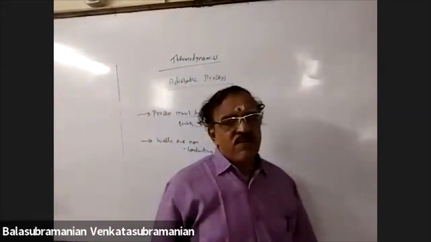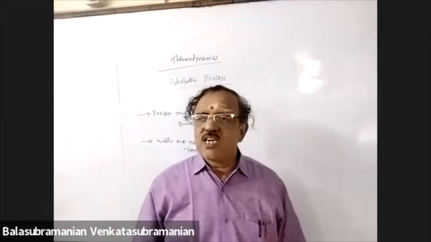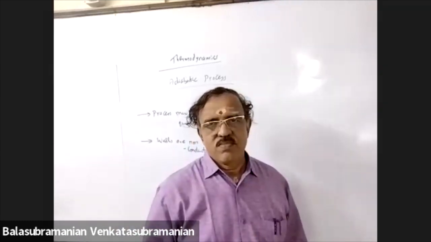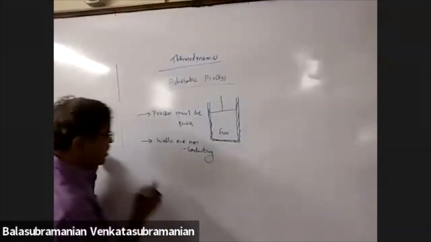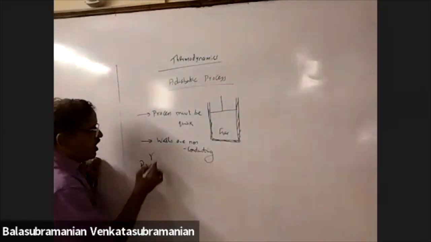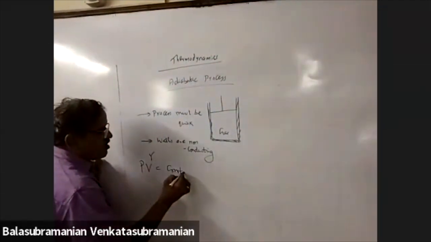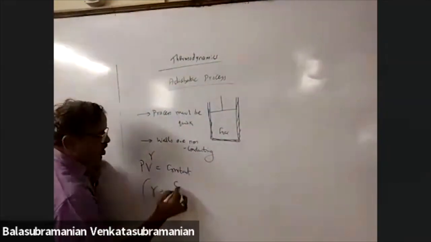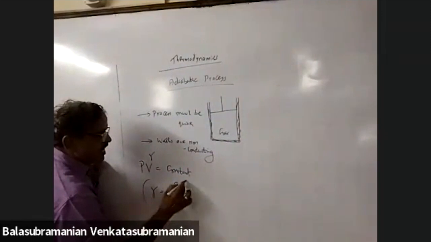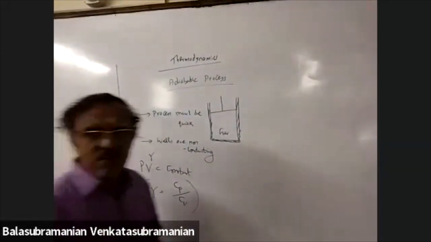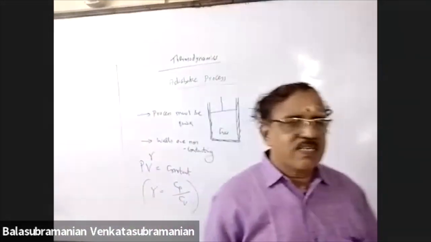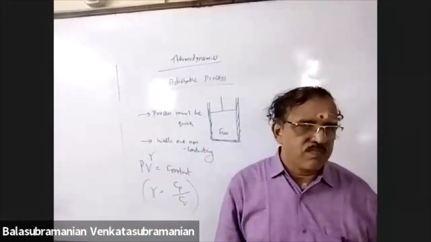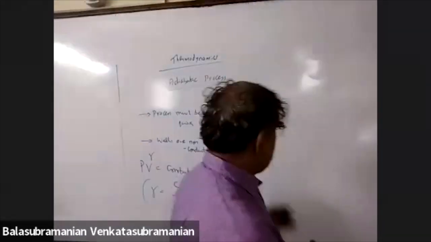Isothermal process we have done, equation PV is equal to constant. Here the equation is PV power gamma is equal to constant. Gamma means the ratio of specific heat capacities of gases. Already we have learned Cp and Cv. Gamma is Cp by Cv.